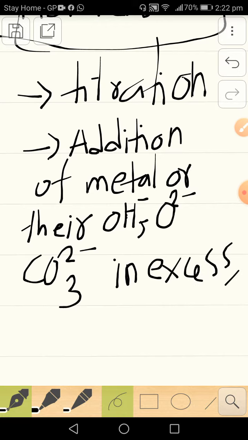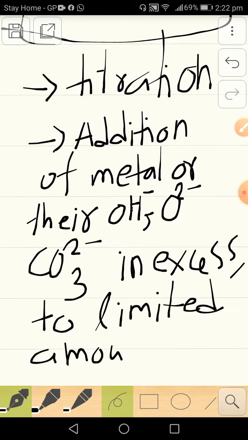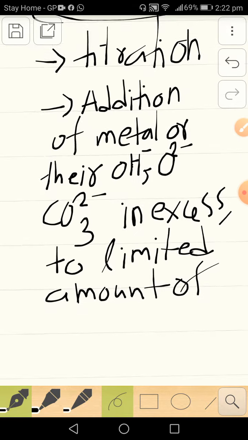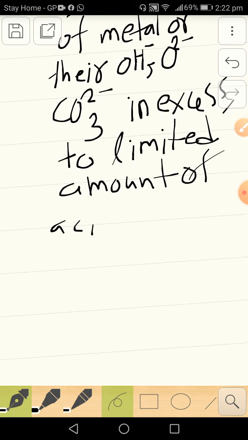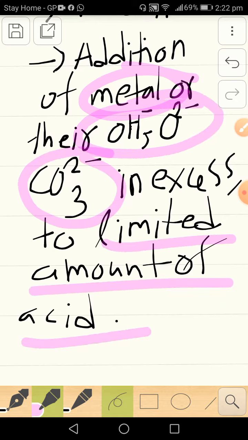So the metal or their oxide or hydroxide or carbonates has to be added in excess amount to a limited amount of acid. So with a limited amount of acid, we would add either excess metal or excess metal hydroxide, oxide or carbonate.